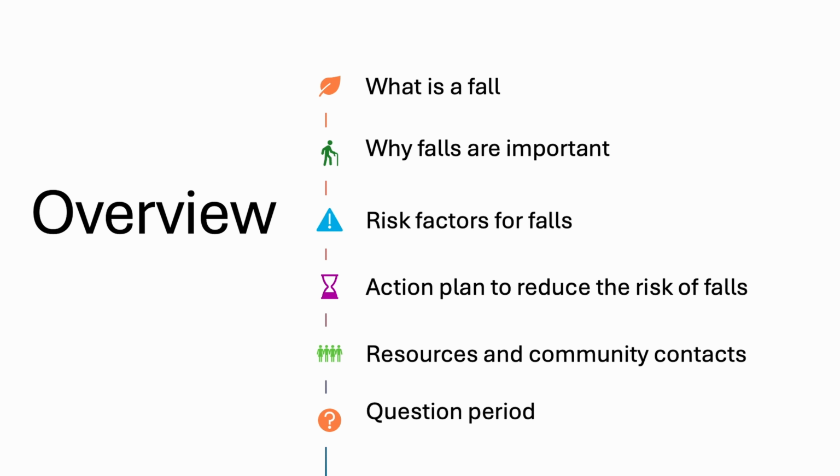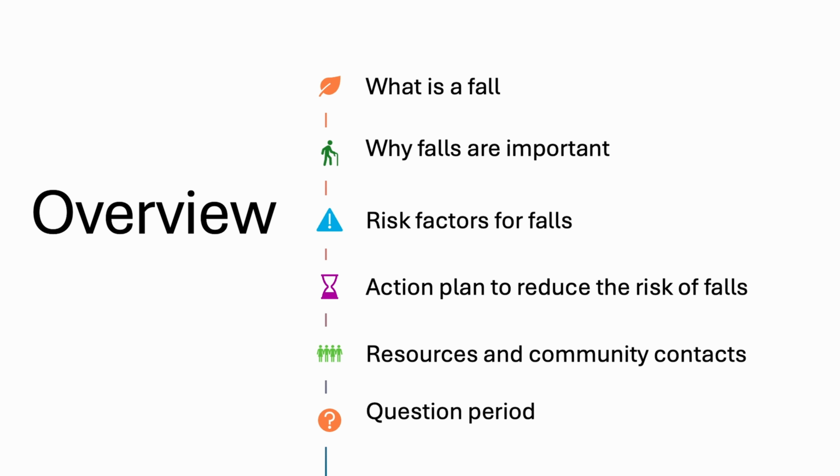Okay. So the overview for this evening's talk, the first thing that we're going to do is to discuss the definition of a fall and common phrases that people may use to describe when they have a fall. Next, we're going to get to the meat and potatoes and discuss why falls are important.